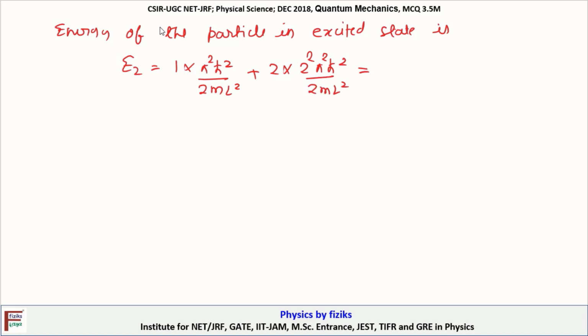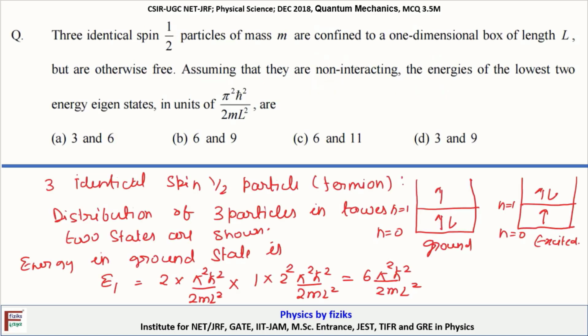That means 9 pi square h square by 2 ml square. Thus our correct option would be 6 and 9, that is option B.